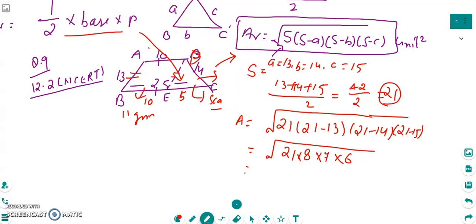Generally I advise my students not to multiply and then find the square root, just break the numbers into their factors. That makes it easy to find the square root. So 21 becomes 7 times 3, 8 becomes 2 times 2 times 2, 7 will remain as it is, and 6 becomes 2 times 3.